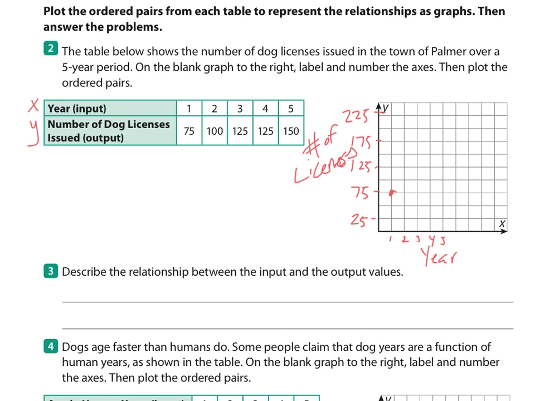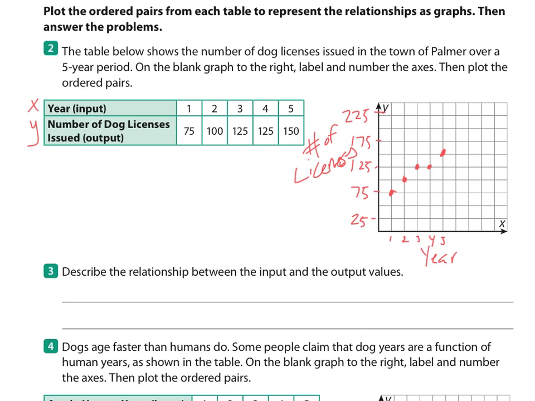So here's my first point right here, 175. Here's my next point at 2 and 100. Here's my next point at 3 and 125. And my next point is 4 and 125. Okay. And then 5 and 150. All right, so here's what our graph looks like.